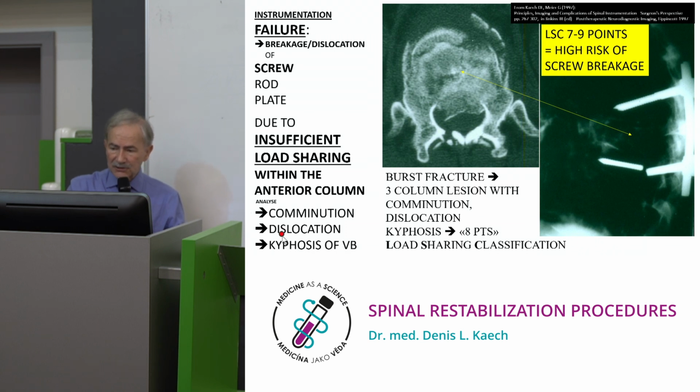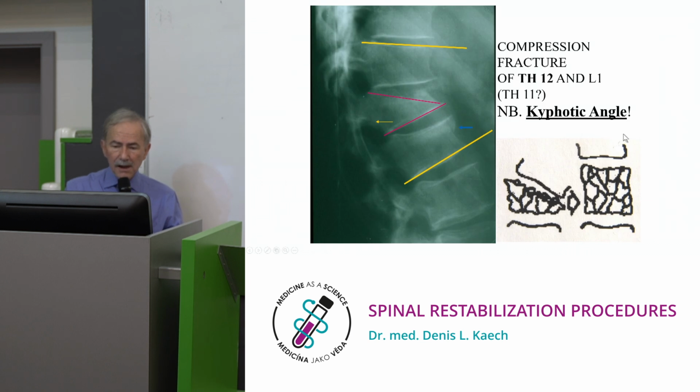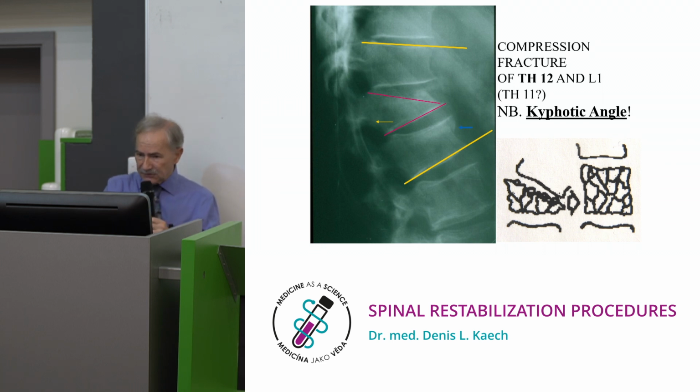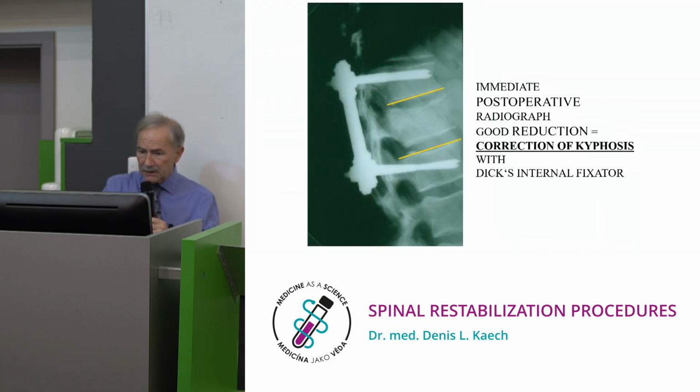And this was a case where anteriorly it was too weak and it didn't hold. So again, repeat, the kyphotic angle here is a major one, 3 points. And the comminution is also 3 points. And the dislocation of the fragments is not shown here, but the result of an immediate postoperative radiograph is excellent.